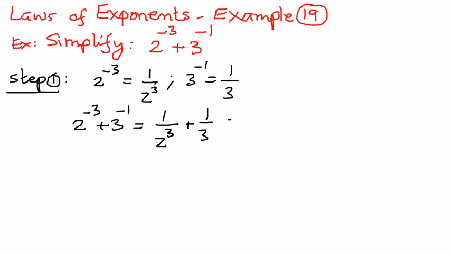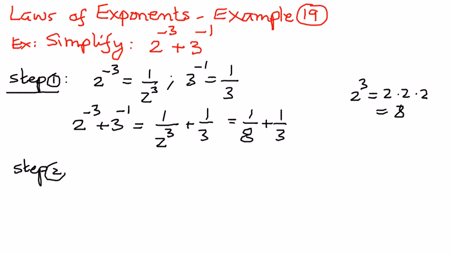Therefore we know that 2 to the power of 3 is equal to 2 times 2 times 2, which is equal to 8. So therefore 1 over 8 plus 1 over 3. It is now very similar to solving fractions. So step number 2, we're going to find the common denominator.